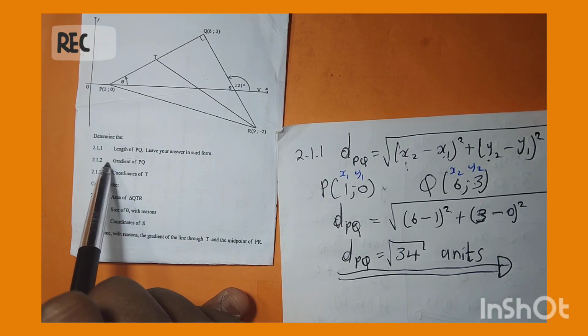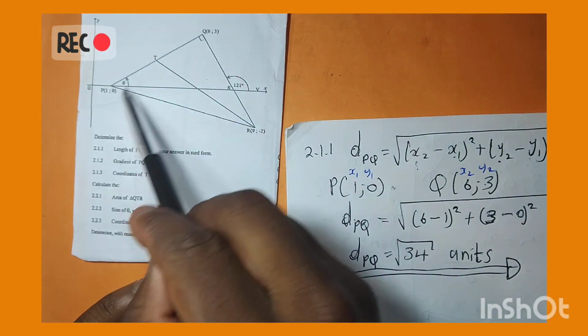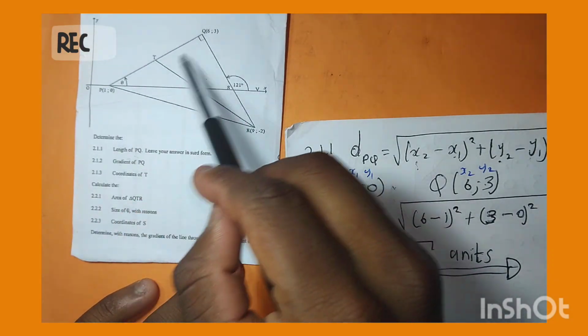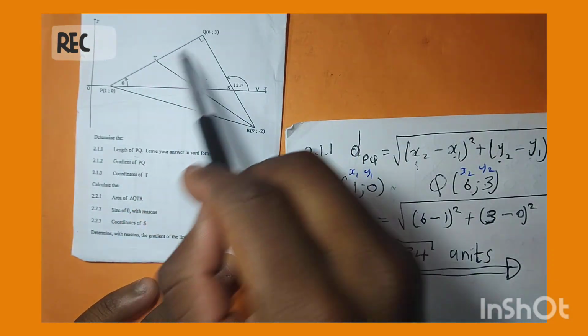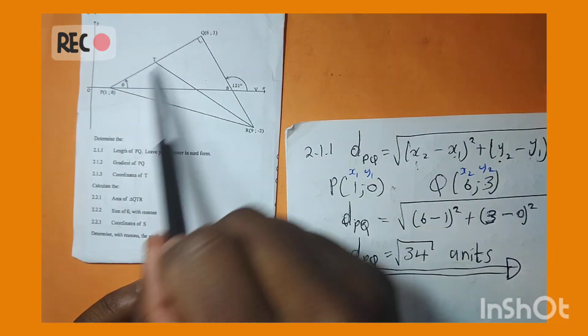Now they say determine the gradient of PQ. They need the gradient of that line. Do you see that line the way it is? It means the line will have a positive gradient, because you can see the shape the way it is.